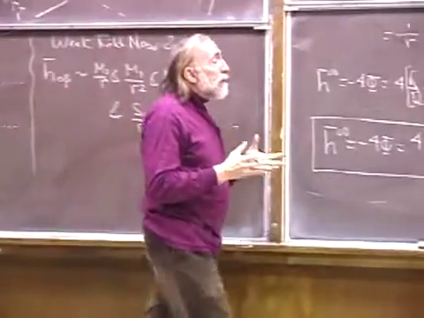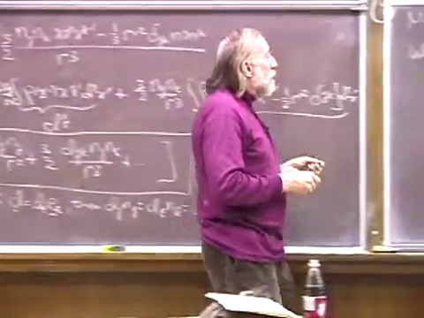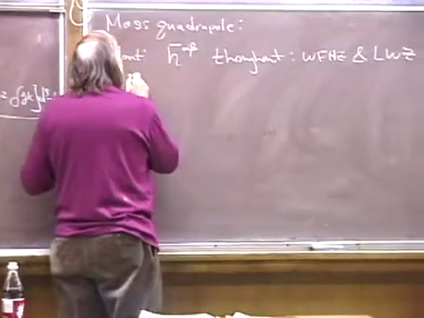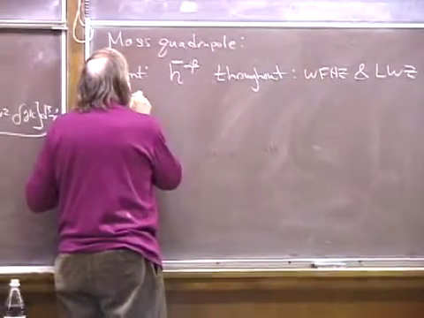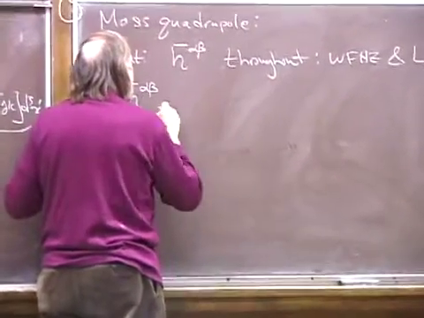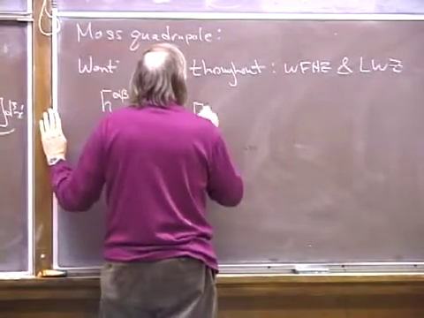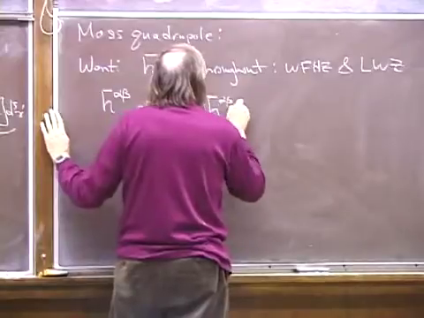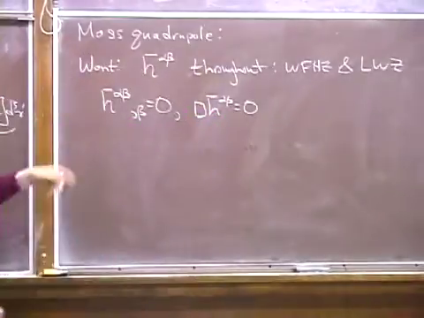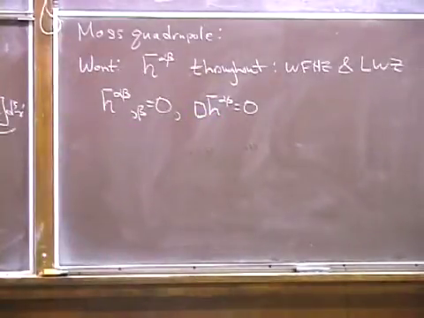But I can use the linearized approximation to general relativity. And so the relevant equations are that h bar alpha beta comma beta is equal to 0, the Lorentz gauge condition, and box h bar alpha beta must vanish. So those are the equations I must satisfy.